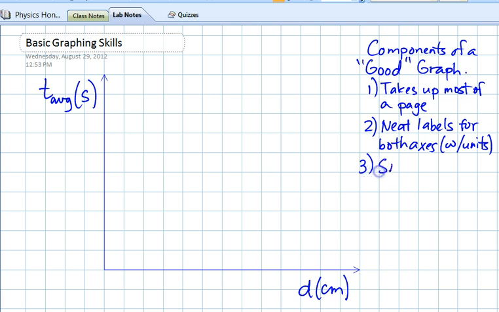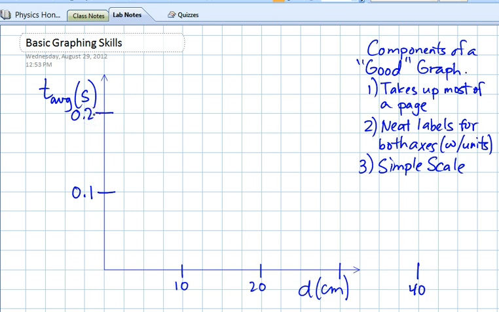Next, we want to have a simple scale. So for example, a good simple scale could be something like this: 10, 20, 30, 40, so on and so forth. Or 0.1, 0.2. That's what I would call a simple scale.